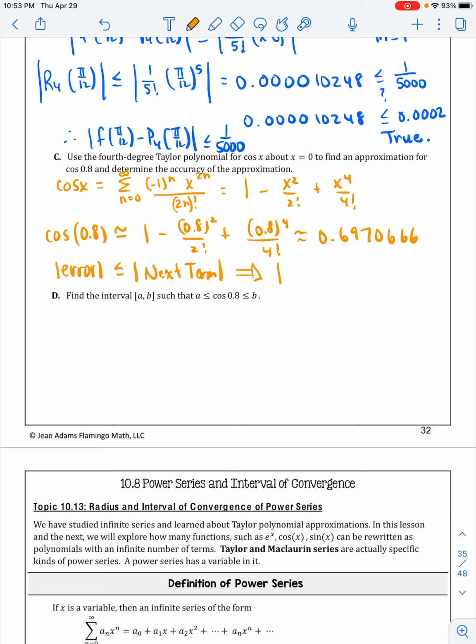And so our error is less than or equal to the absolute value of our next term.